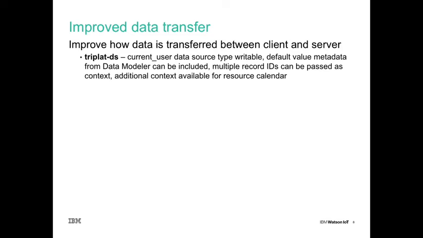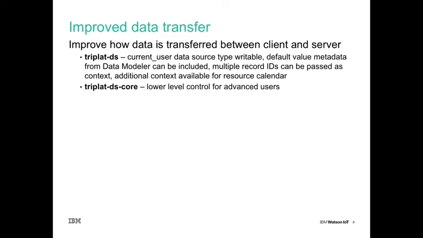Previously, that was a read-only data source. We now support having default value metadata from the data modeler being sent down to the client. We support multiple record IDs can now be passed as context, and additional context is available for the resource calendar.